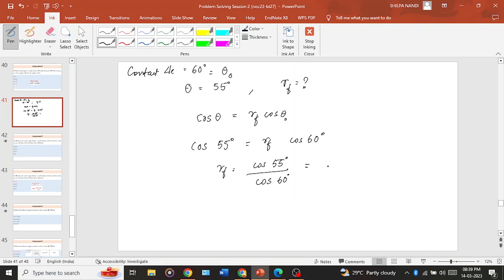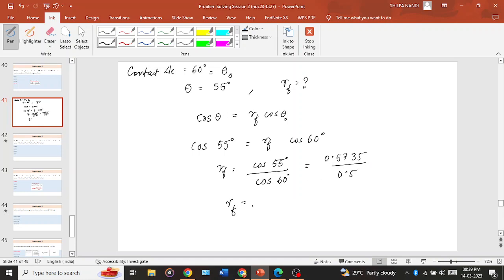So what will be the value of cos 55 and cos 60? You may also check in your calculators. If anything is wrong, you may just point out to me. So cos 55 value is approximately 0.5735, and cos 60 value is approximately 0.5.